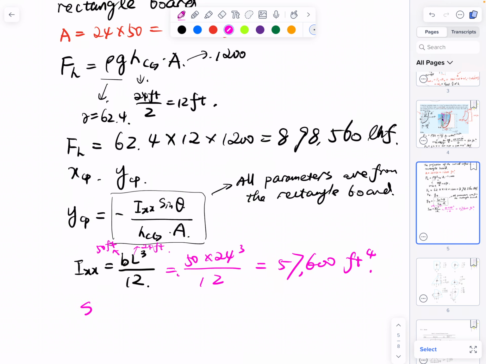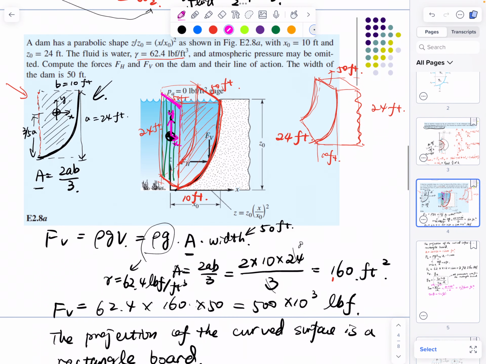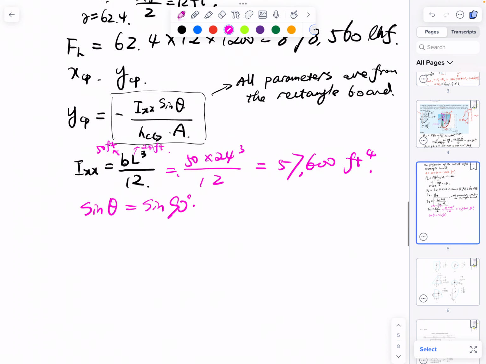And your sine theta should equal sine 90 degrees. If you look at this board, it's vertical, and theta is how many degrees you rotate by placing the board from horizontal to vertical, and this is 90 degrees. That's the reason we have sine theta equals sine 90, which equals 1.